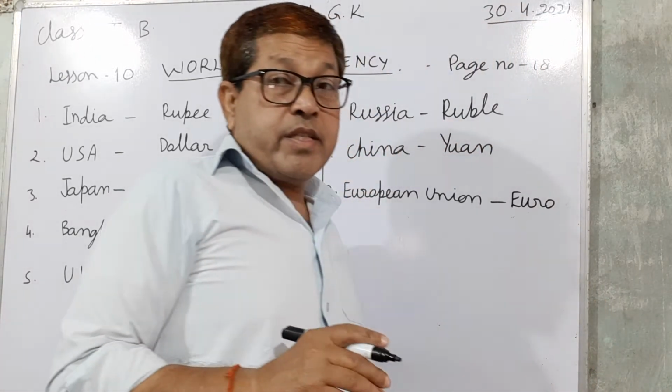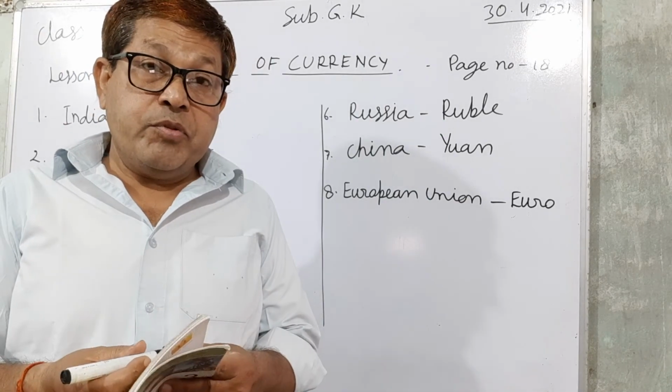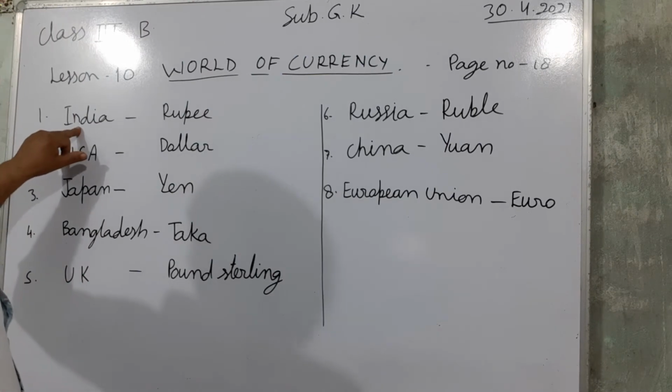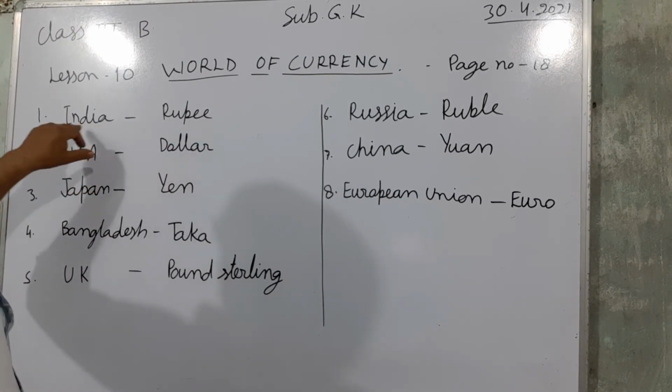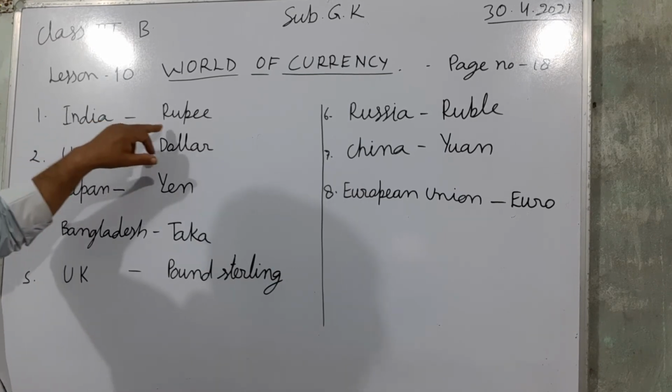Its currency is euro. So once again, you have to see this is name of the country and this line for the currency. So first you see about India. The currency of India is rupee.